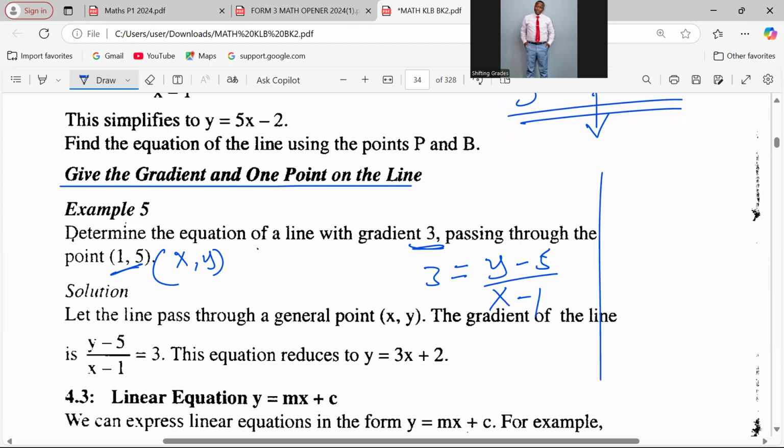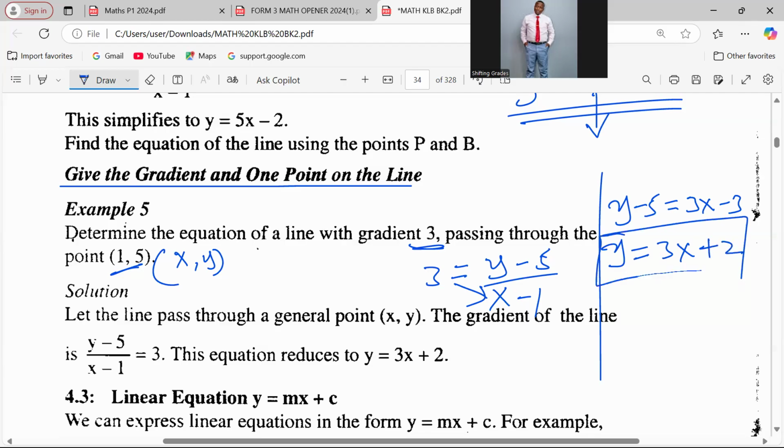Cross multiplication is going to give us what? y minus 5 equals 3 times (x minus 1), which is 3x minus 3 after cross multiplying by 3 here. So remaining with y, we will have 3x, then minus 3 plus 5 will be positive 2.